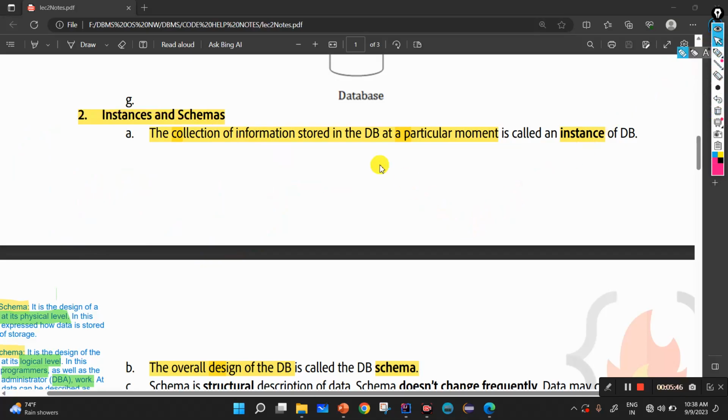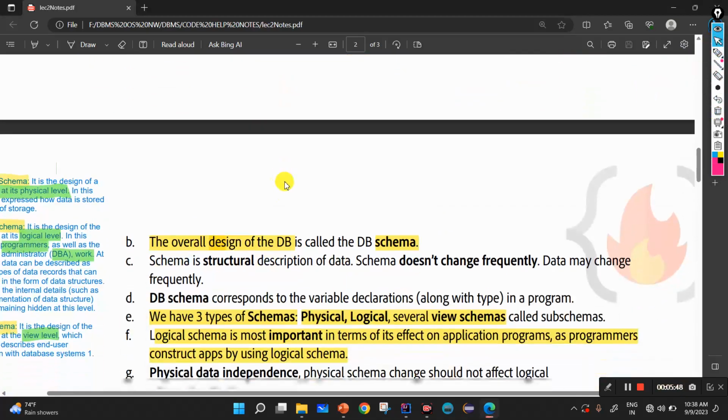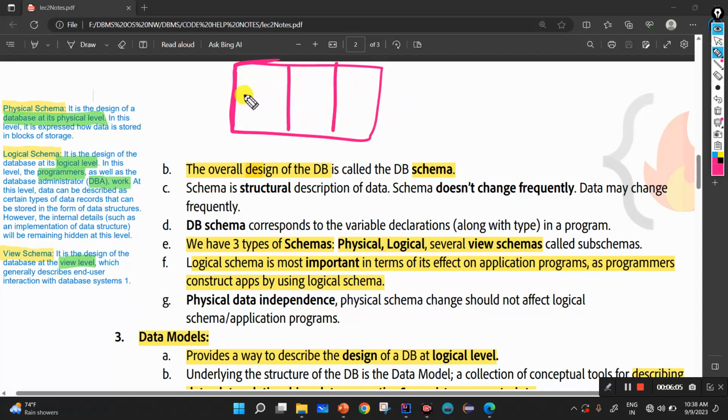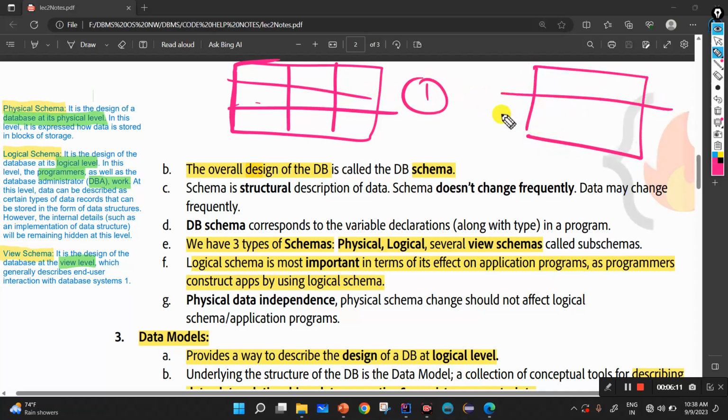Now the second thing is schema. Schema is more simple, you can say. The overall design of the DB, how our database is designed. Like there are 3 columns and 3 rows, this is one design. There is also the possibility of some more rows and columns, this is a second type.